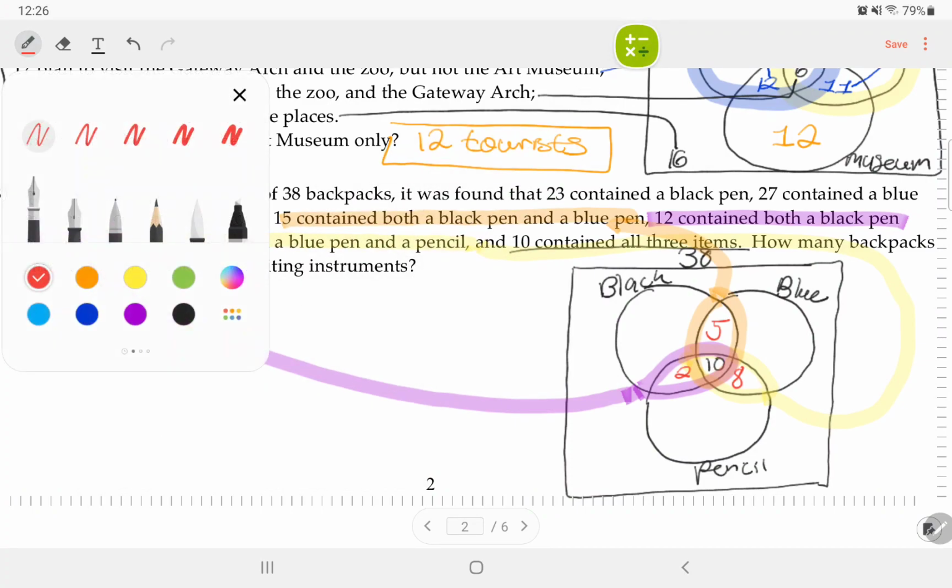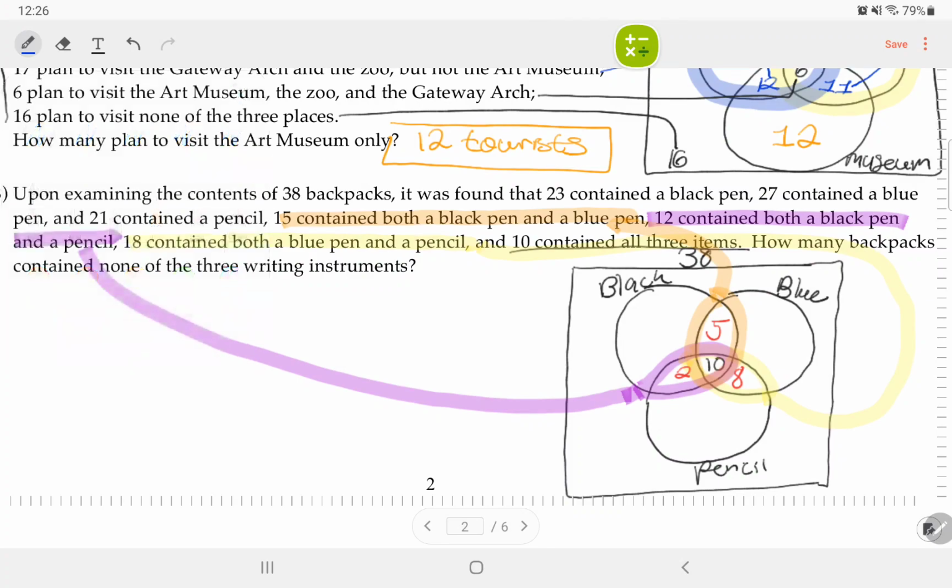Change the color up. We're going to go to blue. Now it says 21 backpacks contained a pencil, which means the total of this circle for pencil will add up to 21. Inside of my circle for pencil, I have the numbers 2, 10, and 8.